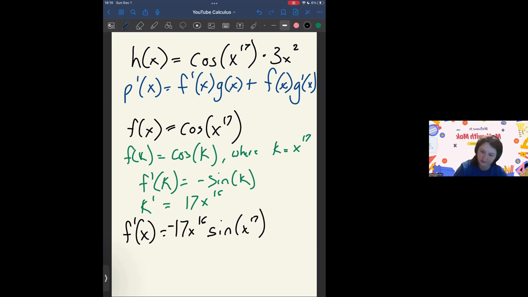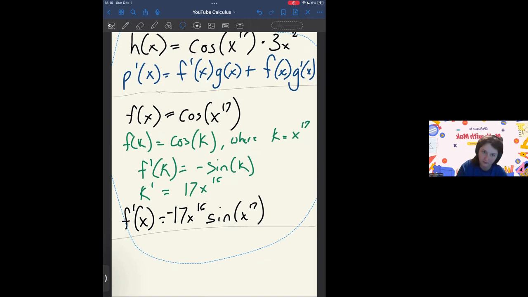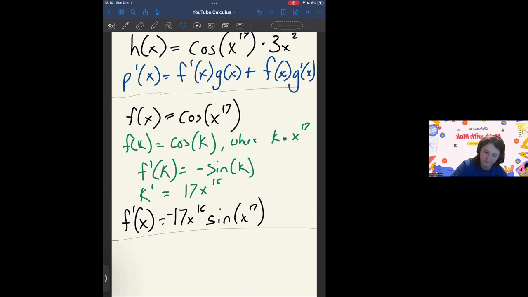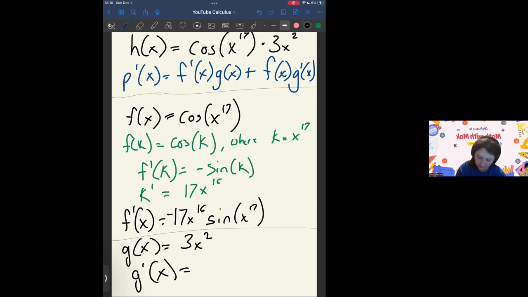And then g of x, let's draw a little line. Okay. So let's scoot all this up a little bit. There we go. So now g of x is 3x squared. g prime of x is 6x, right?